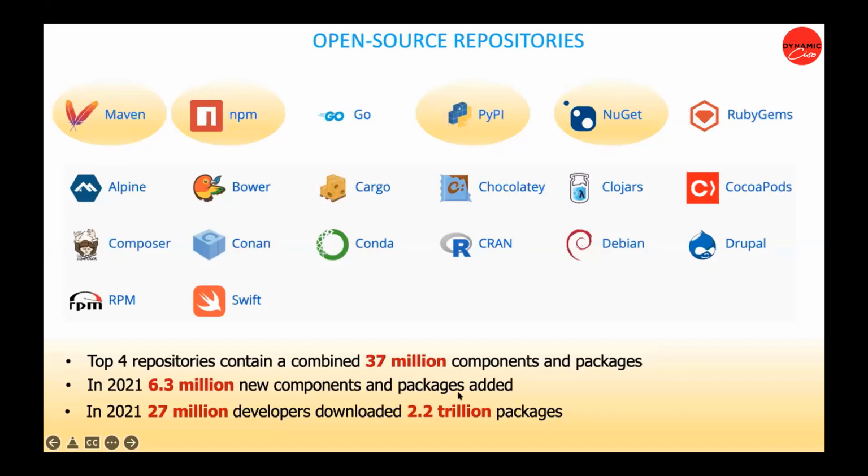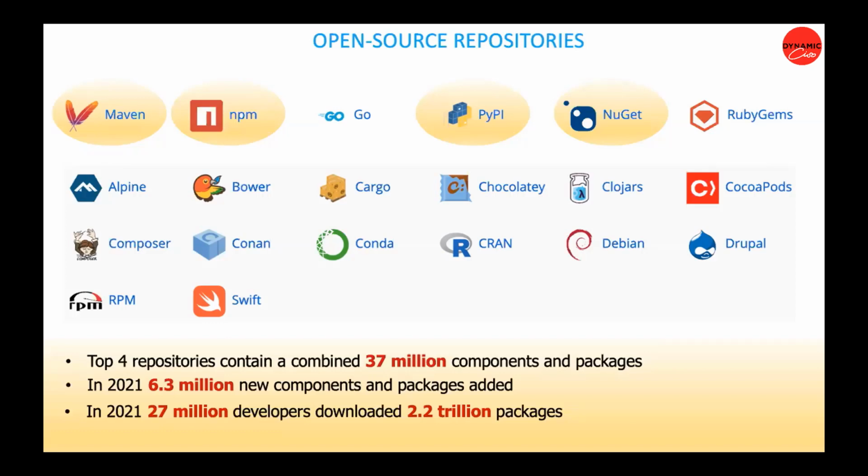They have 37 million packages and components, and 6.3 million new code components were added in 21. 27 million developers downloaded 2.2 trillion packages from these places. Imagine if they get compromised, how much of the application is going to be compromised downstream. So these open source repositories are a prime target.